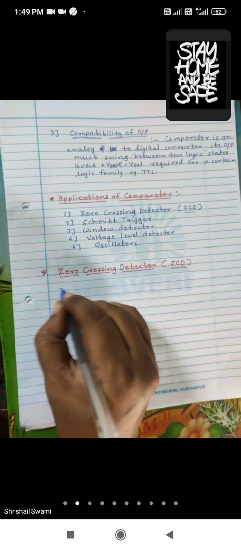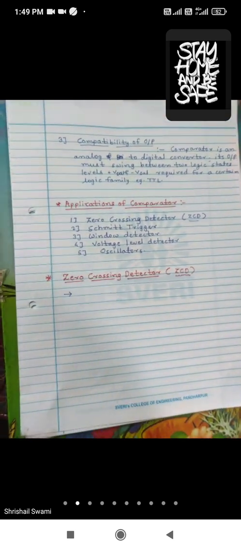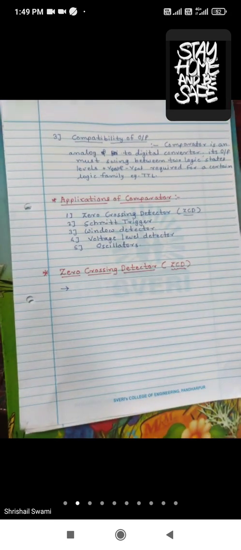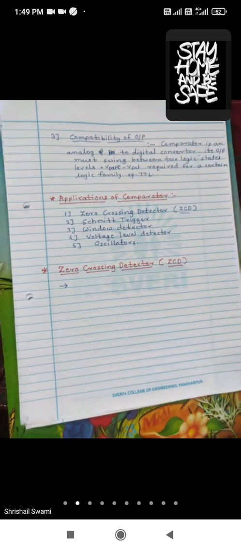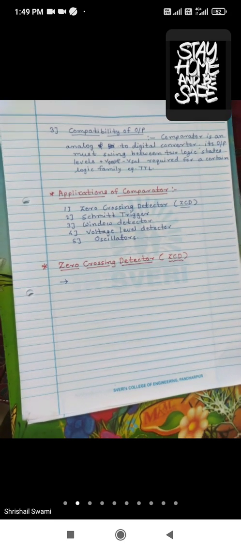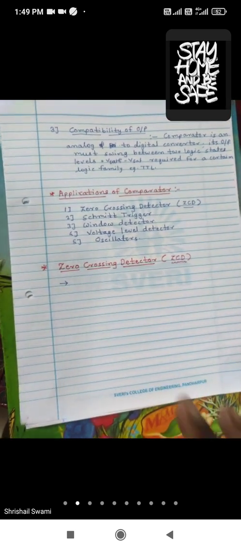So we can start now. First of all, what is the function of the zero crossing detector? What is the circuit diagram? Then what is the waveform? What is the working? So each and every point we can cover.